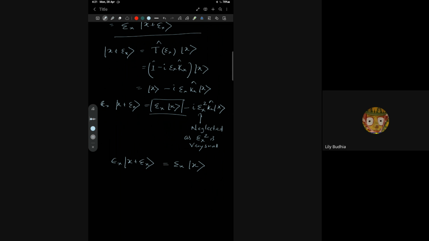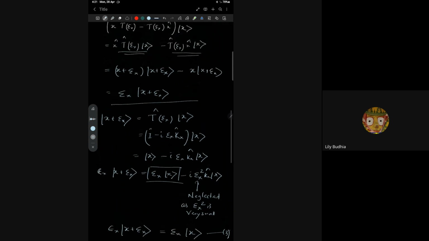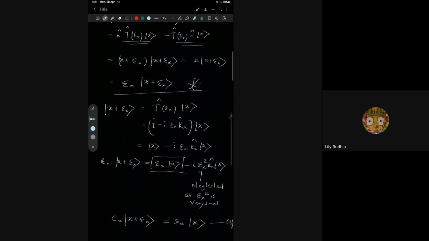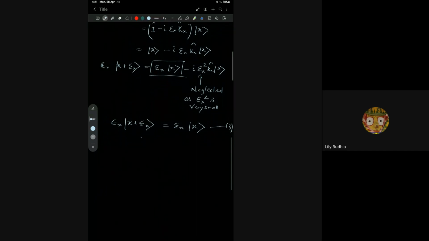Okay. So if we substitute this, let's say equation 3, then what will we get? x t minus t x operating on x will be equal to epsilon x.